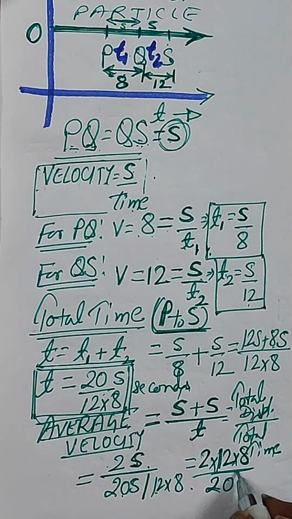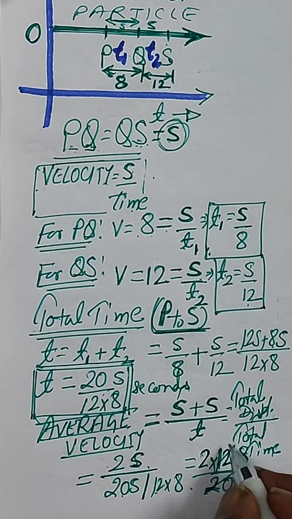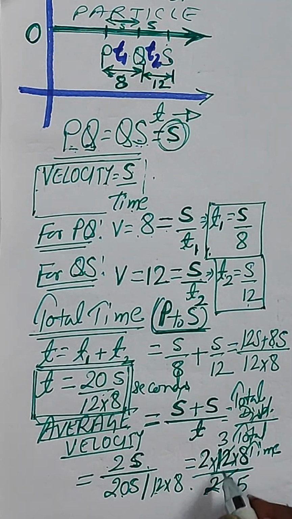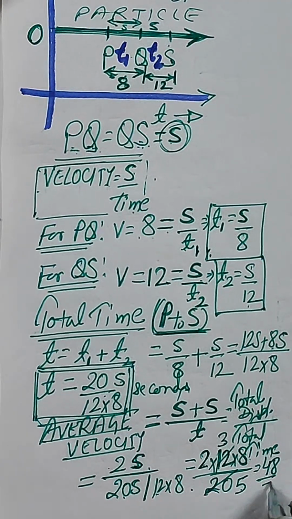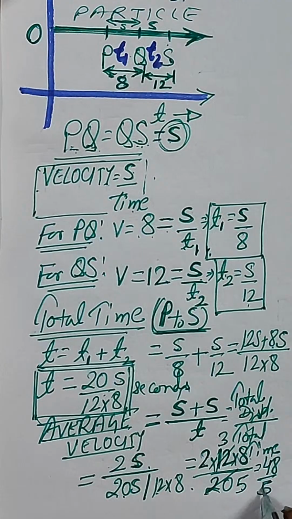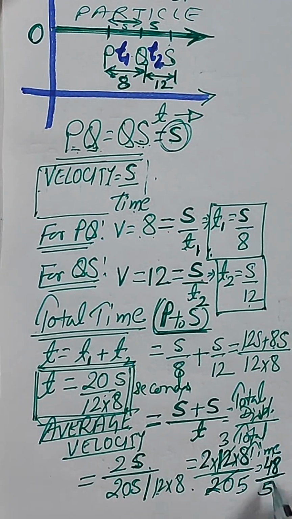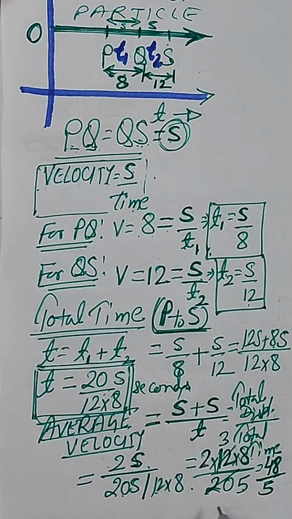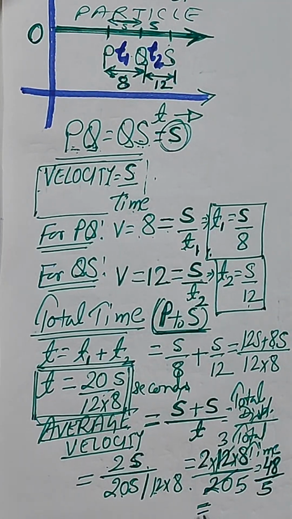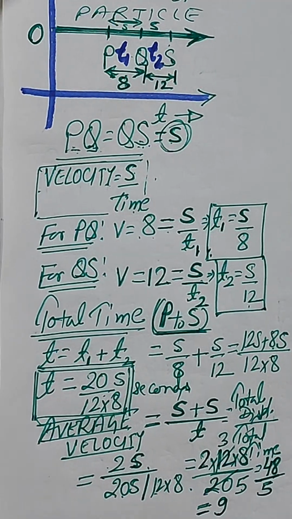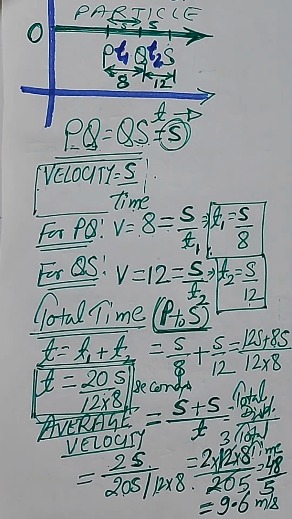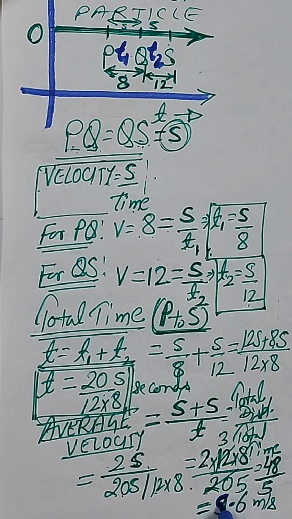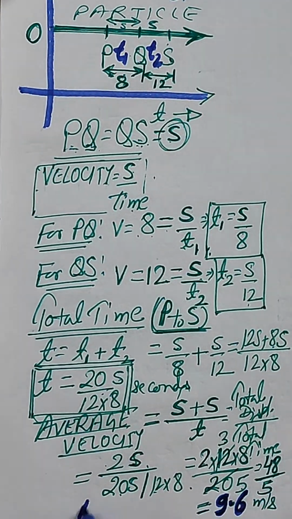When you divide it, 4 into 5 times is 20, 4 into 3 times is 12. So it will be 48 by 5 meter per second. This is the average velocity, which comes as 9.6 meter per second. So the average velocity which we have calculated is 9.6 meter per second.